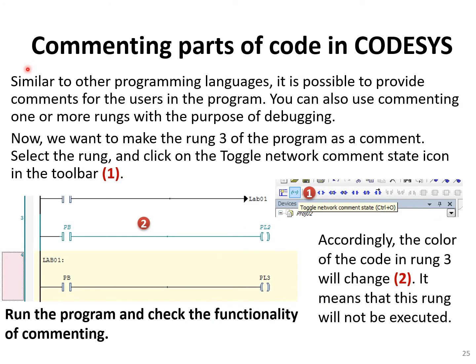Commenting parts of code in Codesys. Similar to other programming languages, it's possible to provide comments of the users in the program. You can also use commenting one or more rungs with the purpose of debugging. Now, we want to make rung 3 of the program a comment. Select the rung and click on the toggle network comment state icon in the toolbar.